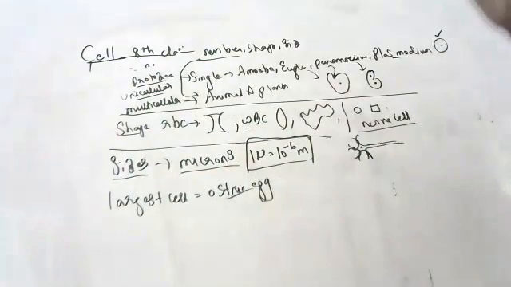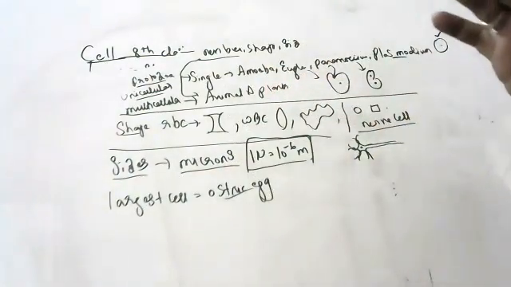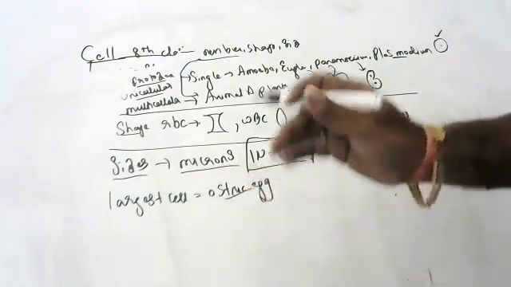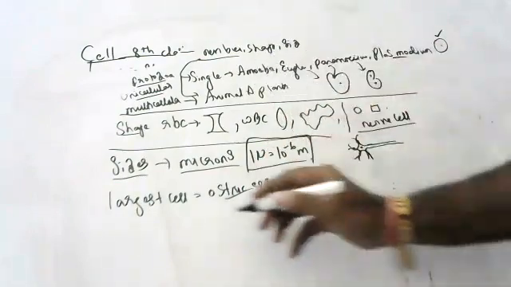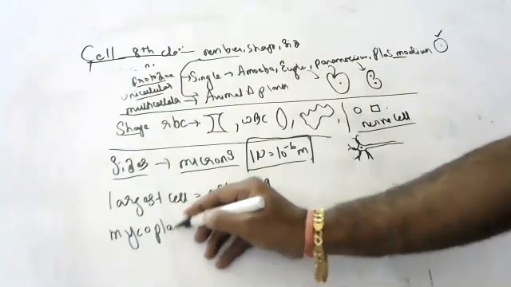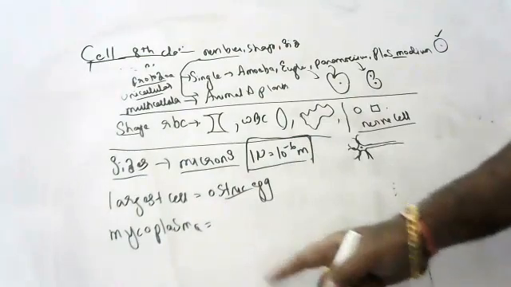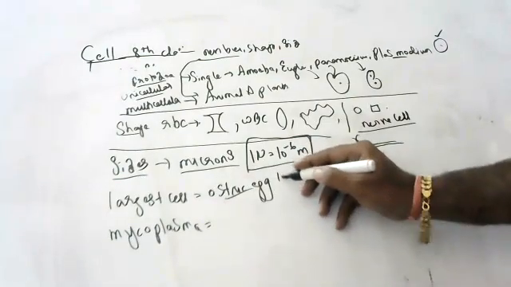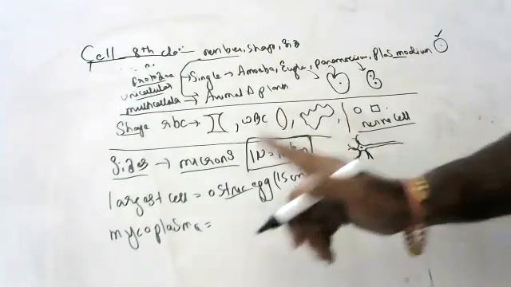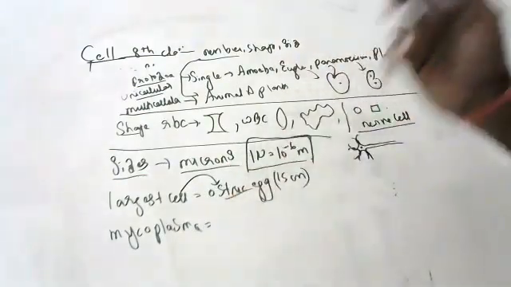The smallest cell on the earth is Mycoplasma. The largest, the ostrich egg, measures about 15 centimeters, and you can see it with your eye. Mycoplasma is the smallest cell on the earth, children.